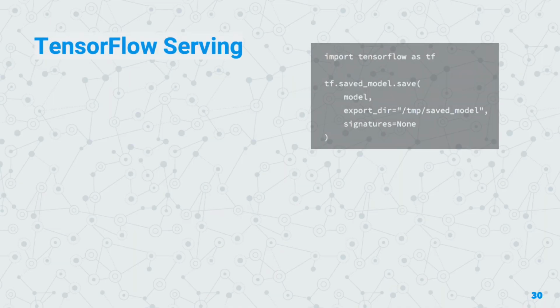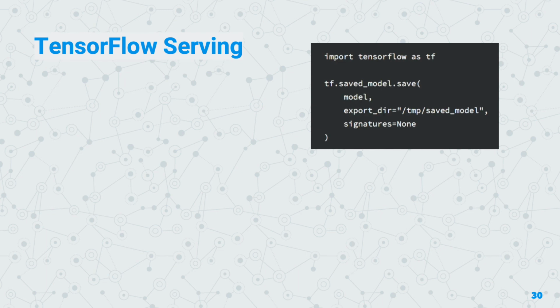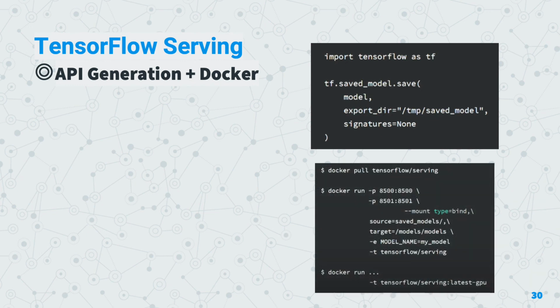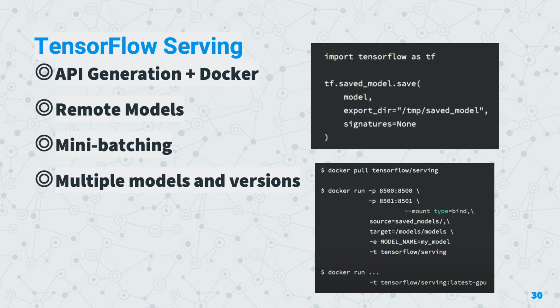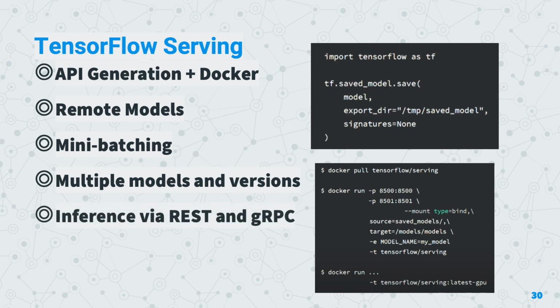TensorFlow has a feature called TensorFlow Serving, which, by saving a TensorFlow model, we're able to generate APIs and use Docker to deploy that. It handles remote models or local ones. It has mini batching so that hardware is efficiently used. It can also serve multiple models and versions simultaneously, and inference via REST and gRPC are possible.